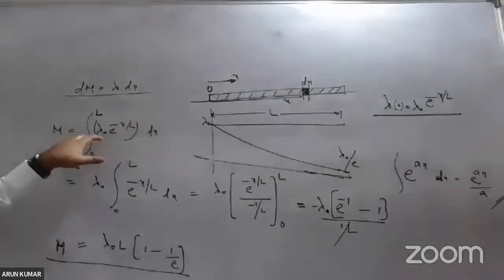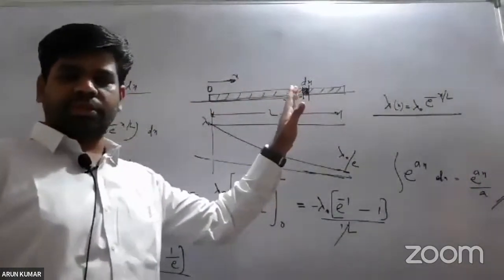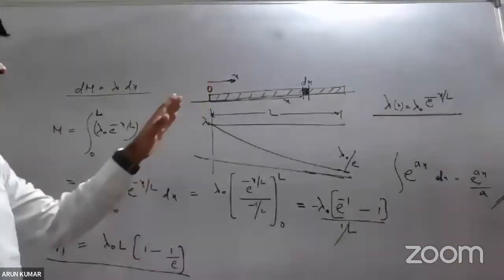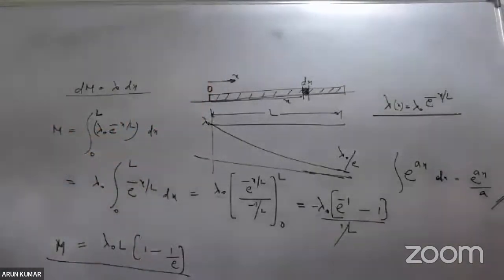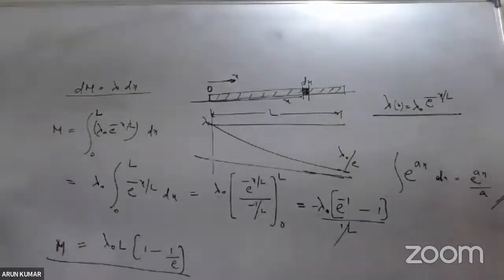So M will be equal to the summation of all the small elements. Summing all the elements will give me the total mass. Is this clear, students?